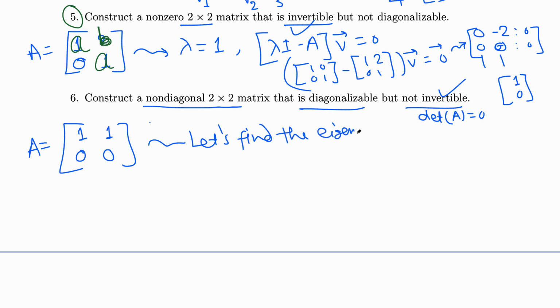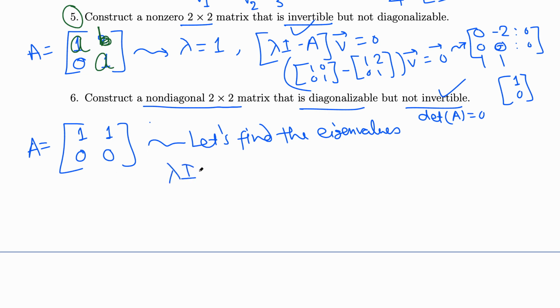Maybe we get the same eigenvalue. Okay, let's see 1 1, and then maybe we'll change to 1 2. If we get two distinct eigenvalues, we are all set. When we have a 2 by 2 matrix with two distinct eigenvalues, then that's always diagonalizable. So we want diagonalizable. Let's find the eigenvalues.